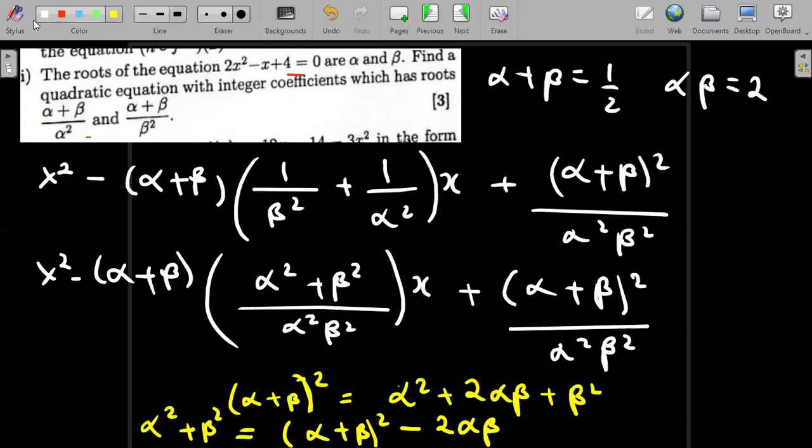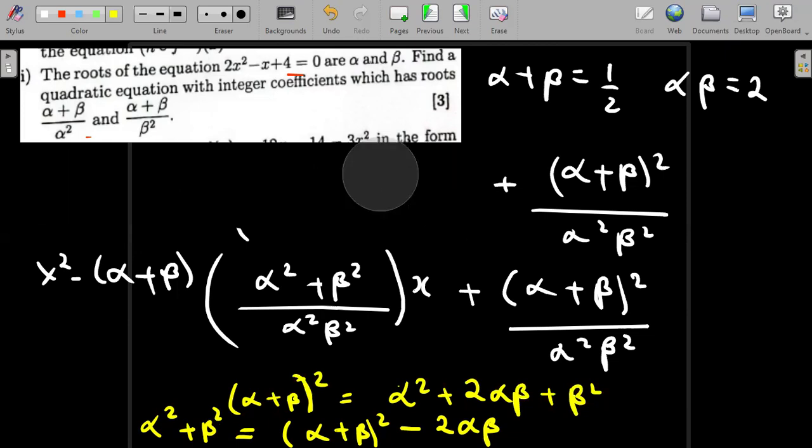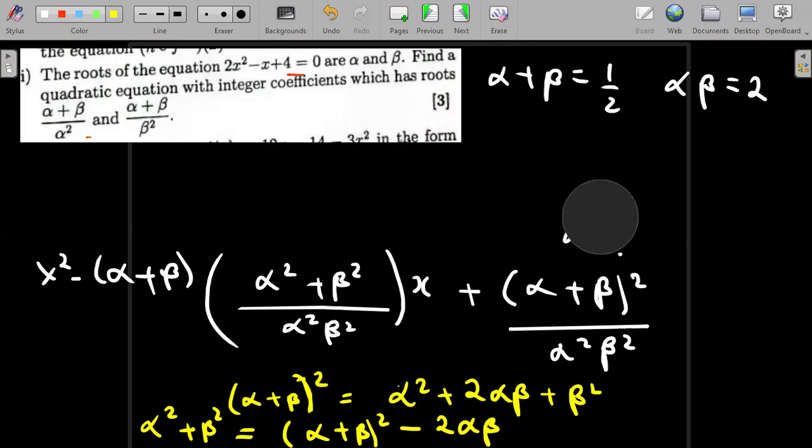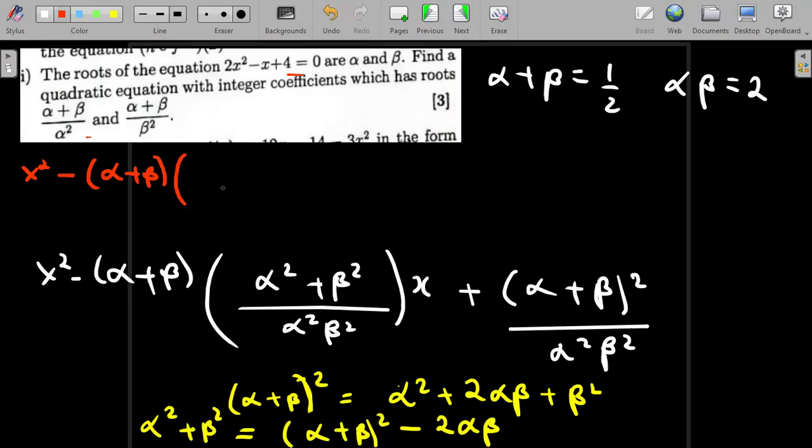So, I erase this part here. That's just going to be alpha squared minus alpha plus beta. Then there I can replace that part with alpha plus beta squared minus 2 alpha beta.